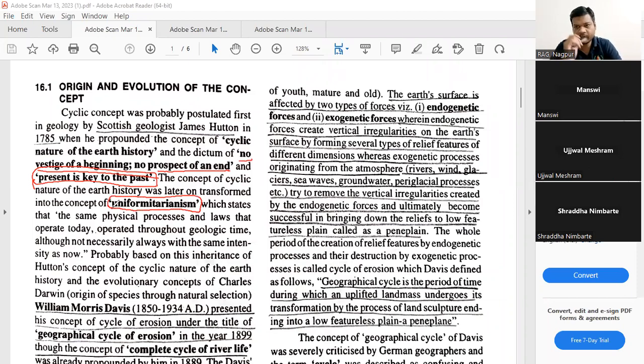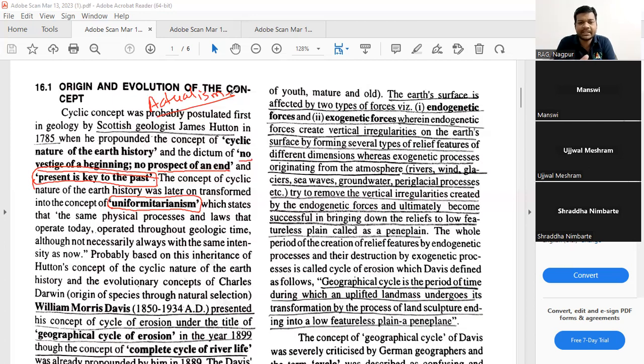But nowadays, this uniformitarianism has been challenged by actualism, right? Uniformitarianism considers that the processes are similar: the process which is operating today has operated throughout the history of the earth, with or without the same intensity.